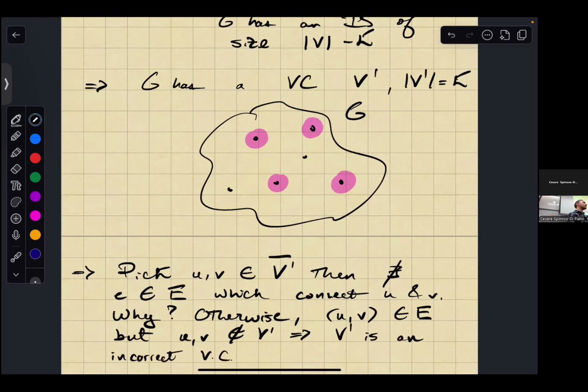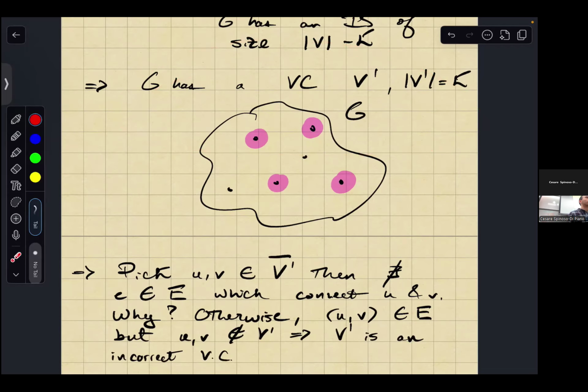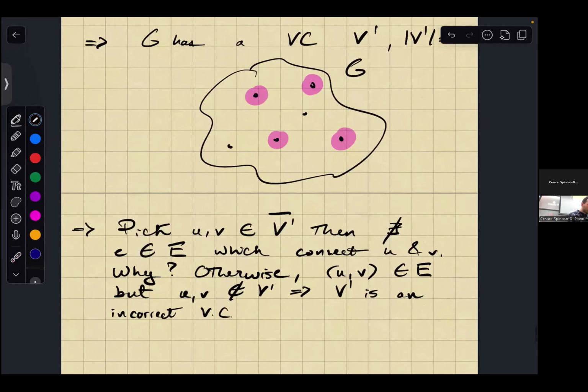It misses an edge, which is a contradiction because I'm assuming in my premise that I have a correct vertex cover. So then I get a contradiction, which tells me that the otherwise can't be true. That means there cannot be an edge between these two arbitrary vertices in V complement.